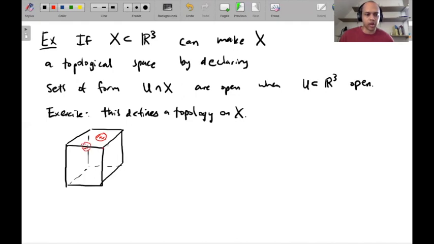If you take a little ball centered around a vertex, you get kind of a picture like this. And so on. An example of an open set is an entire face, the interior of a face. Etc. So hopefully this gives you some idea. These are also open sets.